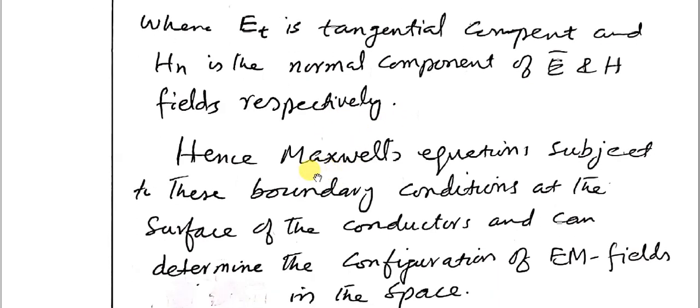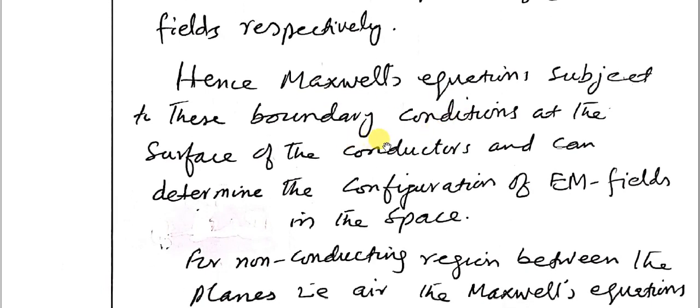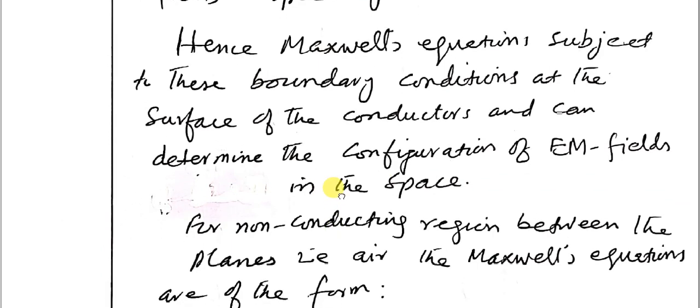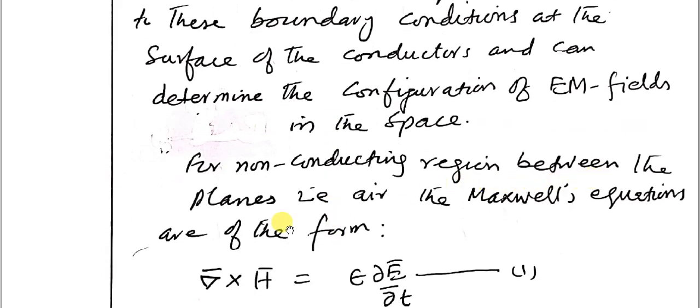Hence the Maxwell equations, subject to these boundary conditions at the surface of the conductors, can determine the configuration of electromagnetic fields in the non-conducting region between the planes, that is air or vacuum. The Maxwell equations are of the form given as follows.